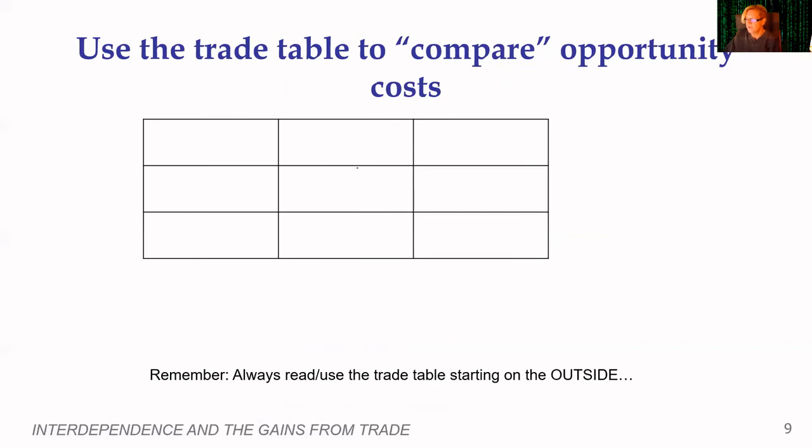And remember, there's a few things about the table I just want to remind you of. So again, US, Japan, make sure those are your rows, and computers and wheat.